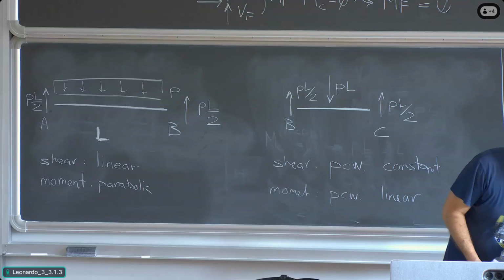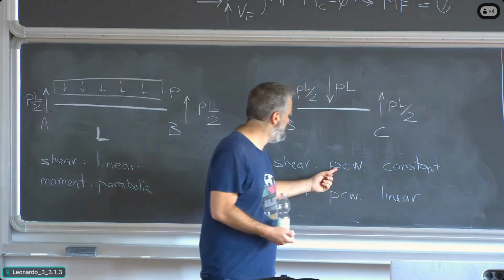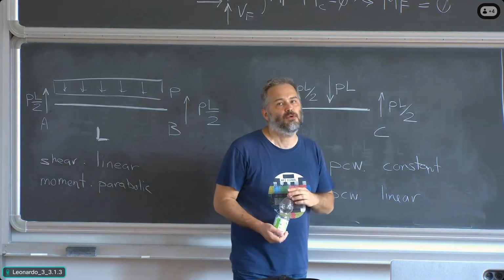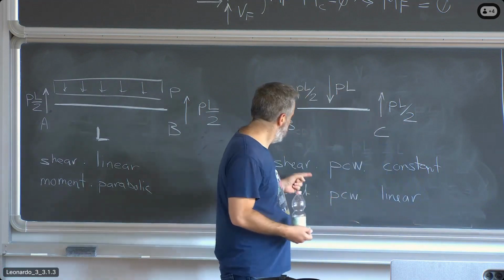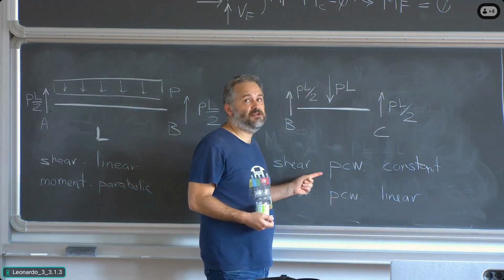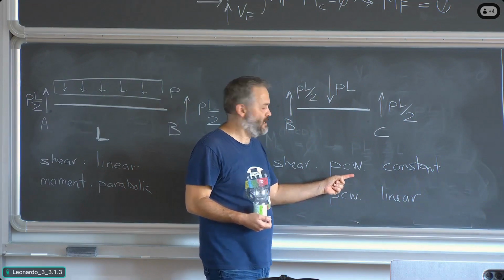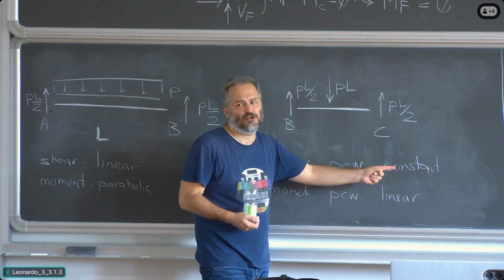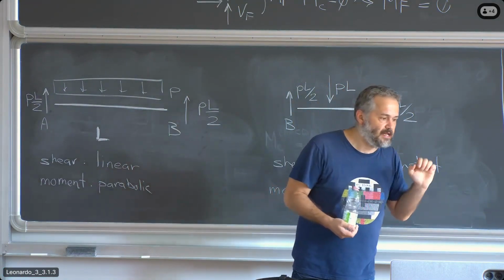Can you read the chart, please? It's not OCW, it's PCW. PCW, which means piecewise. In Italian, a tratti, which means shear force is piecewise constant, diagramma di taglio costante a tratti, con una discontinuità.